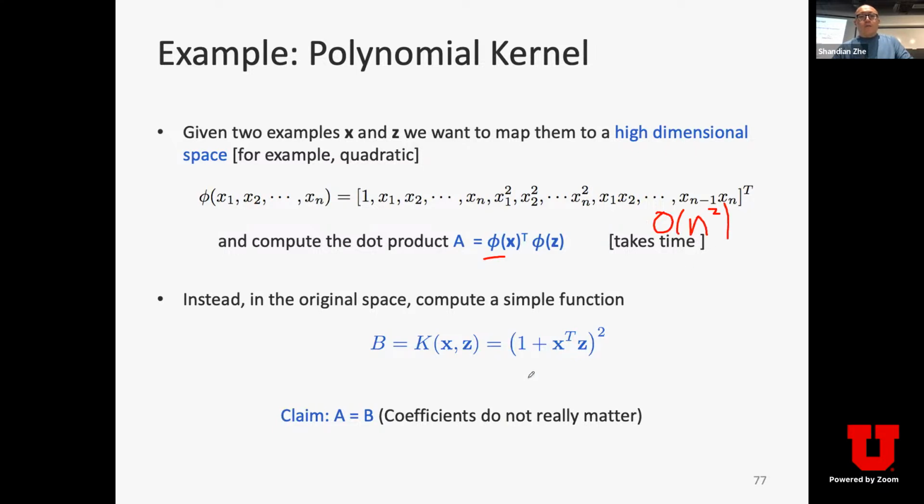However, if we directly compute this function, the time complexity is just O(n). If they are equivalent, of course computing B is much cheaper and faster. That's the benefit of the so-called kernel trick. The kernel trick just means that if I can compute the kernel function in an alternative way, it is still equivalent to performing the explicit feature mapping and the dot product.